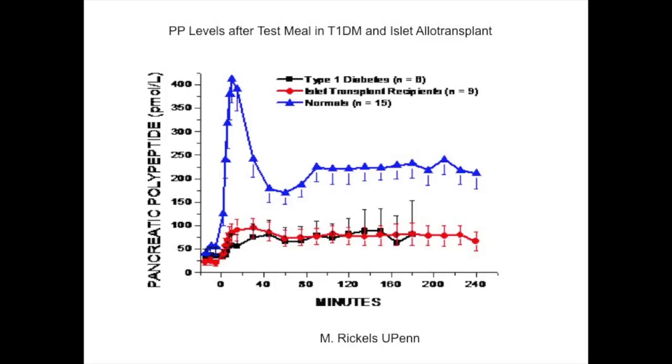Mike Rickles at the University of Pennsylvania has studied patients with both type 1 diabetes and after islet allotransplantation, and looked at the response of these patients after liquid test meal ingestion, and has shown that islet transplantations are also deficient in pancreatic polypeptide, as are long-standing type 1 diabetic patients. So the PP deficiency is also present in this condition as well.